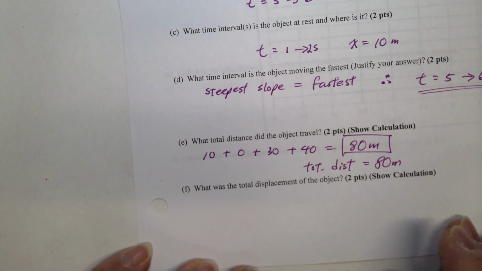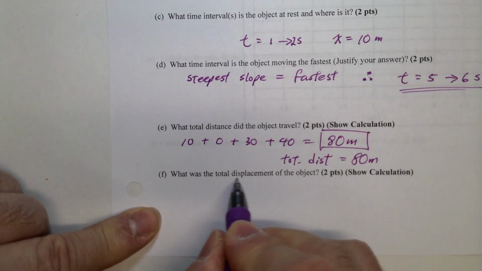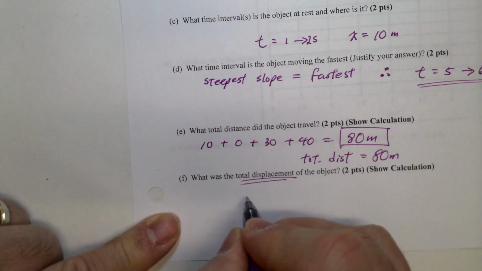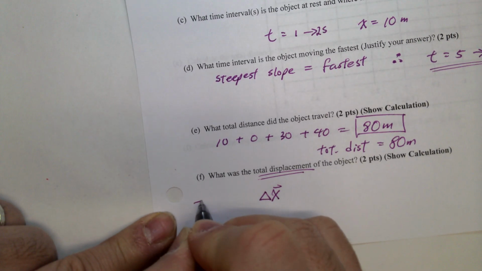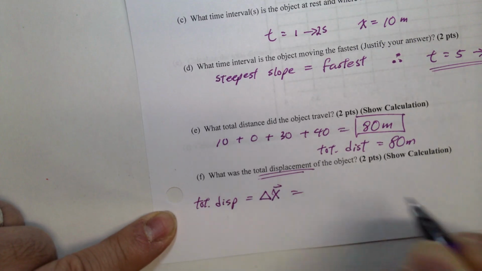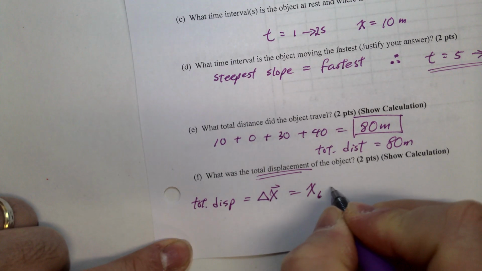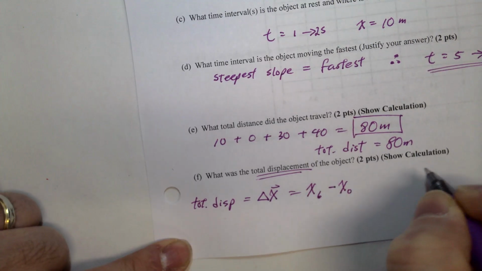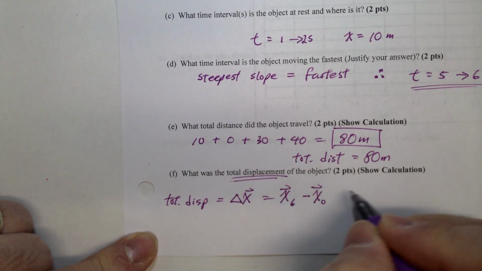So that was easy. Then for F, what was the total displacement? Total displacement means change in position. So total displacement is equal to change in position, that means x at 6 minus x at 0. The 6 seconds is the total time.